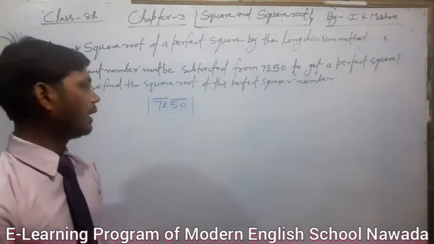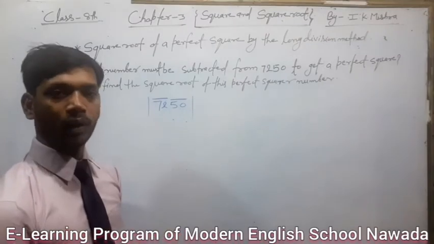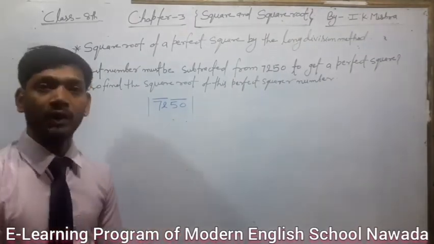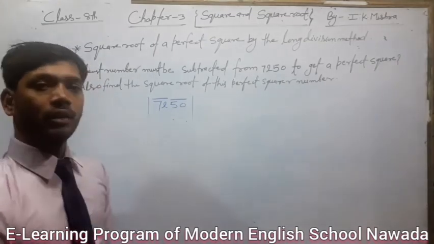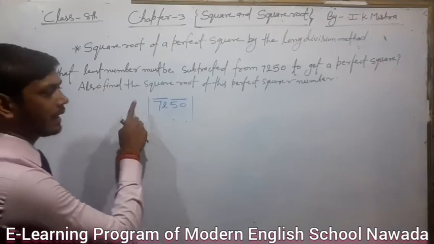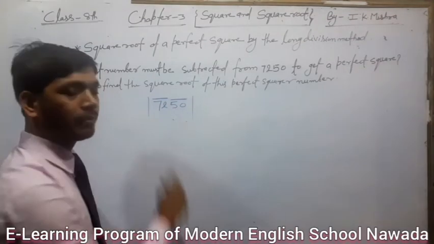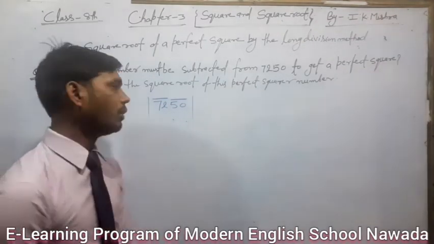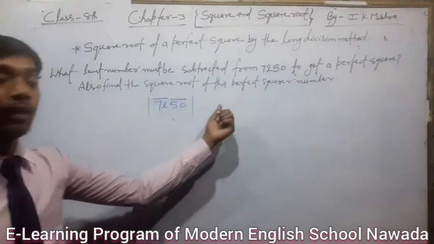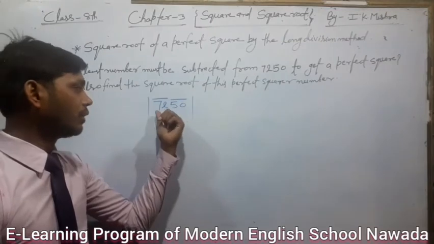Think of a square number just less than it. Here the square number is 64. When you divide by 8, 8 times 8 is 64, and if you divide by 9, 9 times 9 is 81, and 81 is greater than 72.